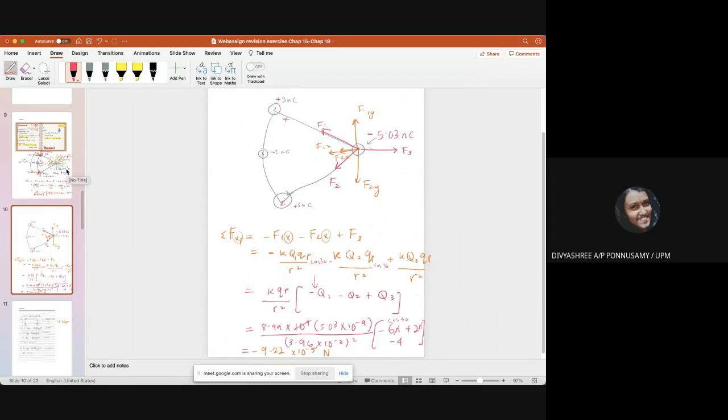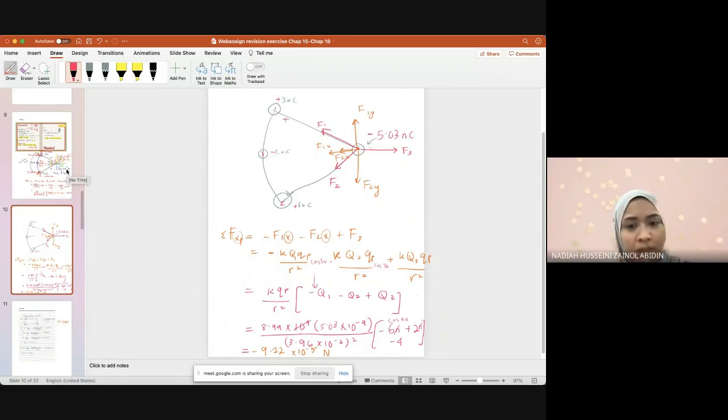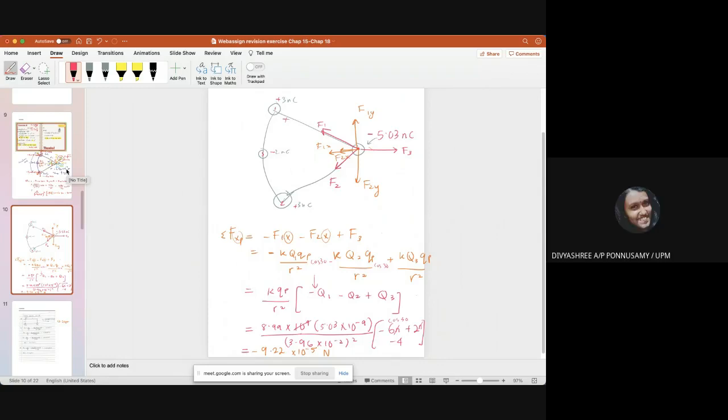Like for an example, when we substitute for the F and E, we don't have to use the negative convention if it's a negative charge, right? Tak payah. So that one we no need to use, but if you want to find like the components, the x and y, then we need to add the negative positive, so there the negative and positive must be there.